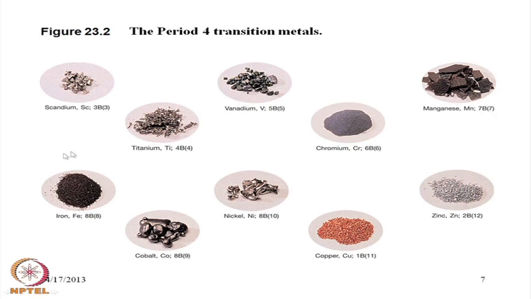So, all the elements of the first series that we are discussing are there, and for the formation of the corresponding ionic form, that means trivalent scandium and bivalent zinc, we do not have any electronic configuration where d electrons are present in this particular case, and all the d electrons are filled in the bivalent zinc case. So, we will not consider them in the ionic form within the list of transition metals.